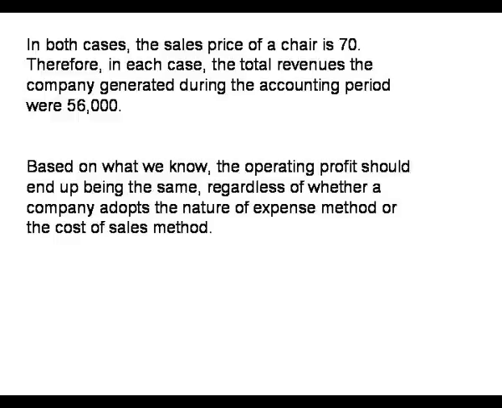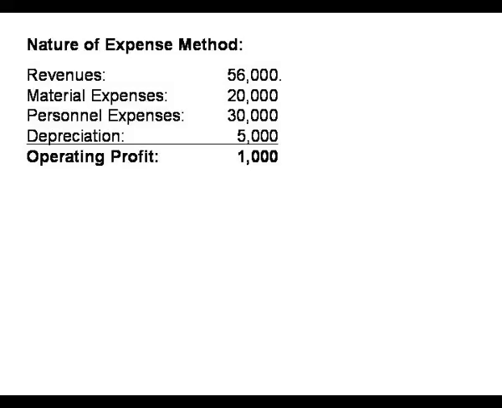So let's have a look. Based on what we know, the operating profit has to end up being the same, regardless of which type of presentation method I use. Let's have a look whether that's actually the case or not. In the case of the nature of expense method, we see that our revenues are 56,000. The material expenses, personnel expenses, and depreciation accumulate to 55,000, leaving us with an operating profit of 1,000.